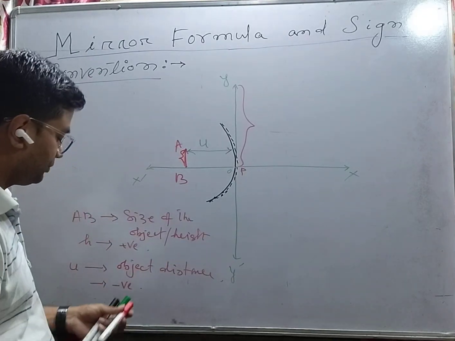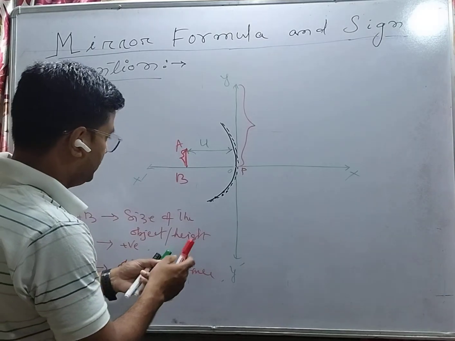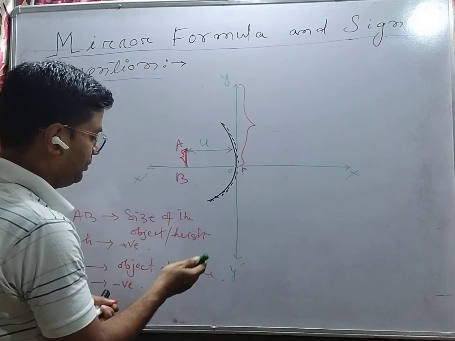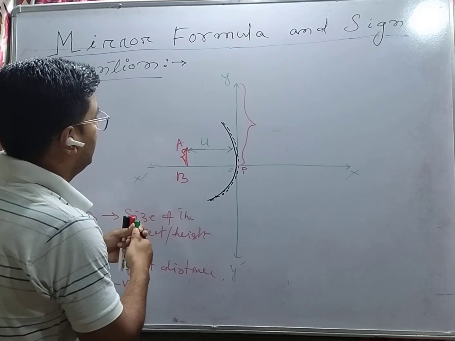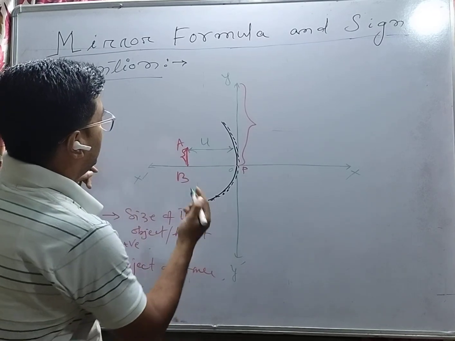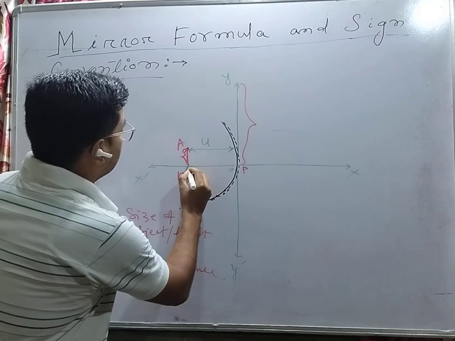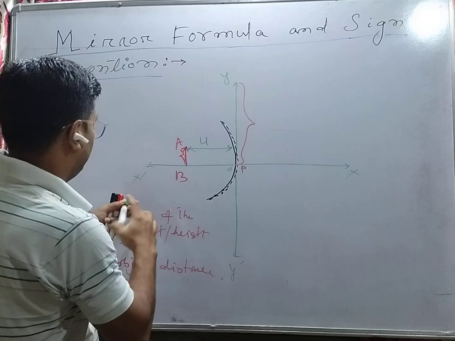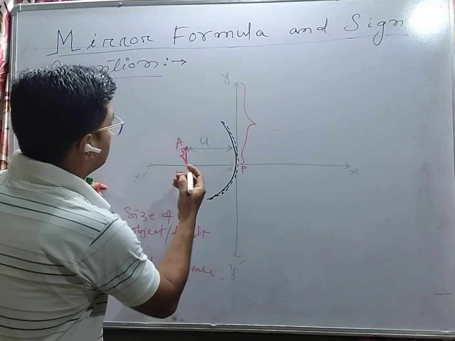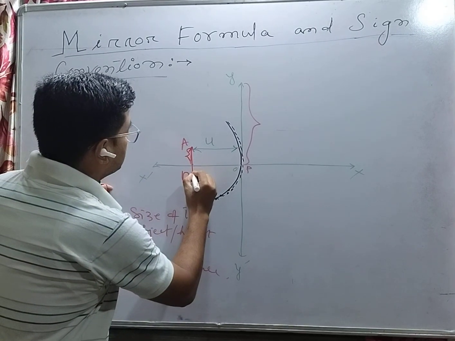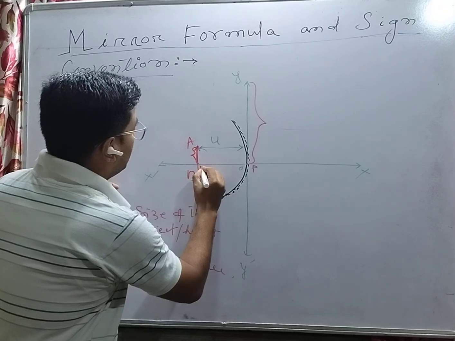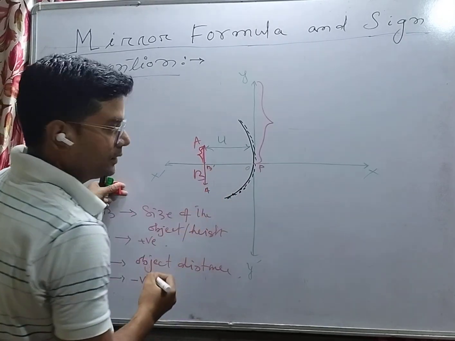And suppose the object is at A and the image is formed at B dash A dash.